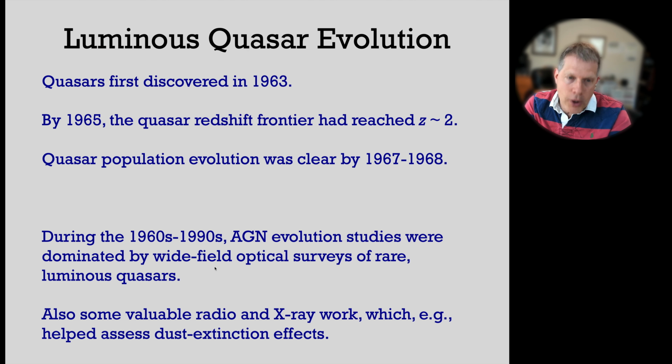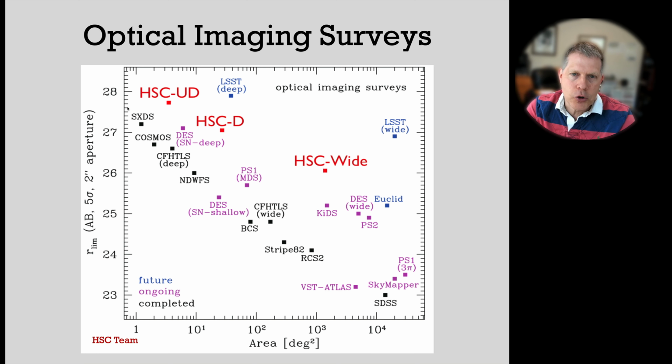Of course, they weren't the only game in town. Very valuable radio surveys of AGN evolution and X-ray surveys of AGN evolution were also ongoing. And these, among other things, helped assess extinction effects. When you look at these optical surveys, of course, you have to be very worried, especially when you go to high redshifts where you're sampling the rest frame ultraviolet, that extinction, even mild extinction, may significantly be affecting your results.